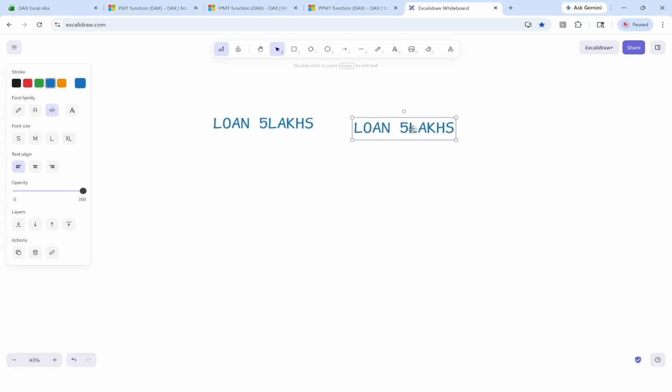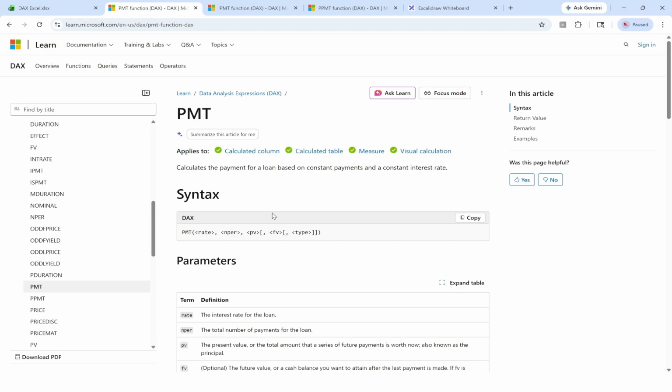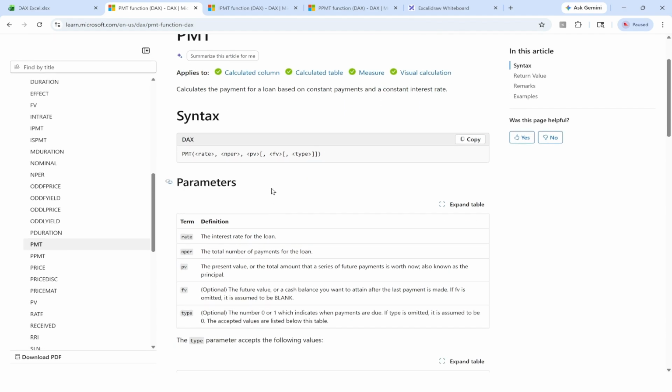You need to pay the amount for 5 years, paying a monthly EMI of some amount, like 10,000 per month. This is just an example. For this 5 lakhs amount, over this duration, you need to calculate the payment.